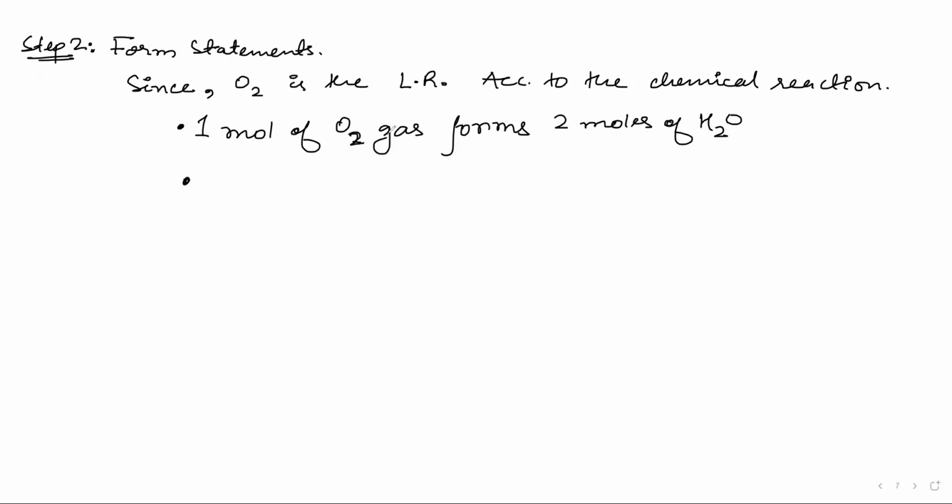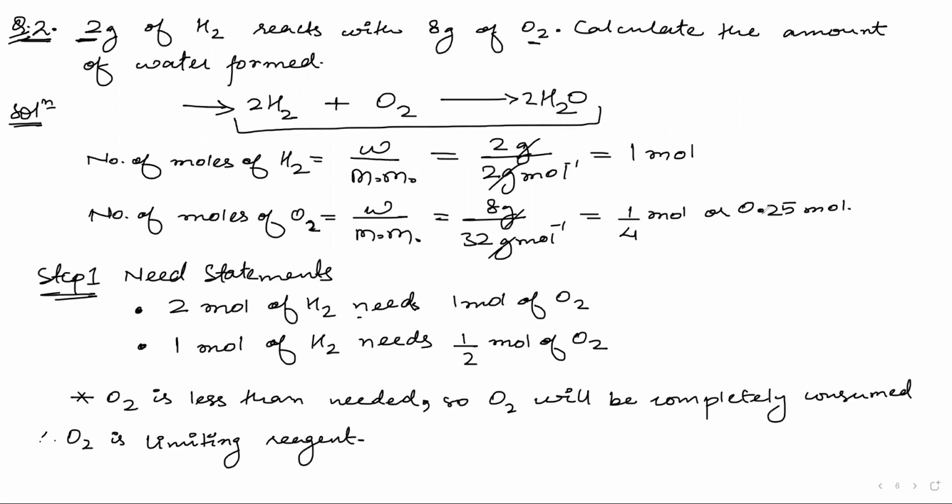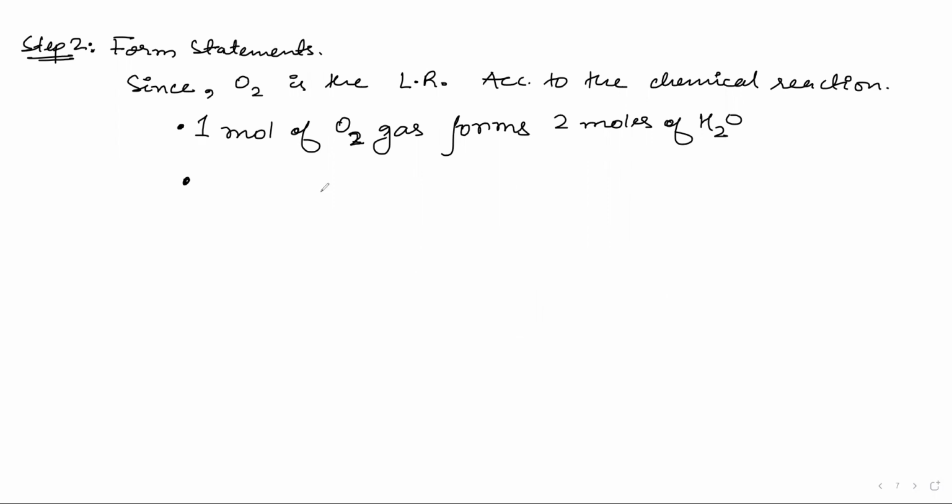Okay, 1 mole of O2 gas forms 2 moles of H2O. How many moles of O2 do we have here, Rishan? You have to just see and tell. How many moles of O2? Tell anyone, it's fast. 0.25.